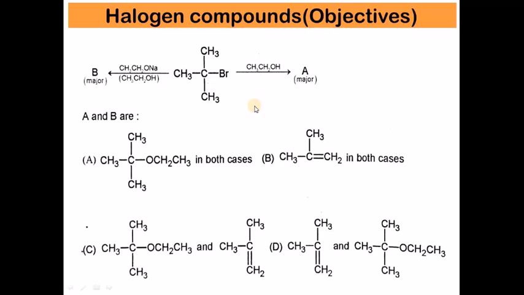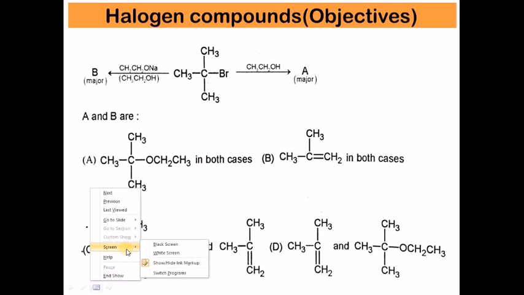In this question, they are giving a tertiary alkyl halide giving product A in the presence of ethyl alcohol, and product B as a major product in the presence of sodium ethoxide in ethyl alcohol. They are giving four options. Let us find out the solution.